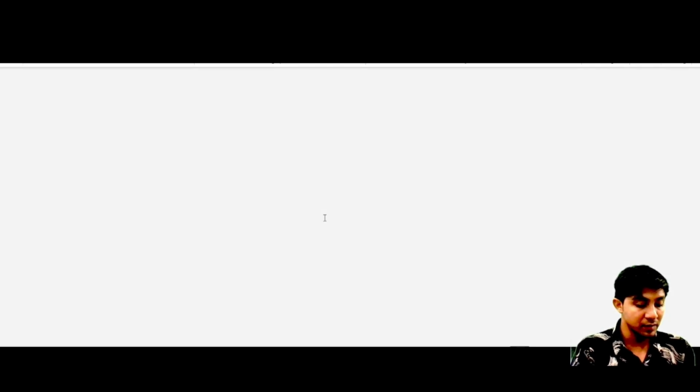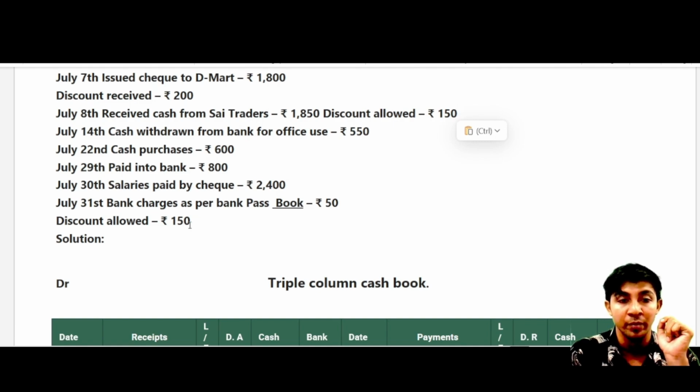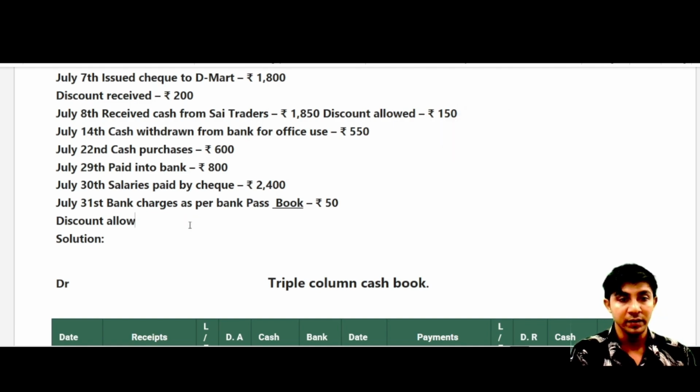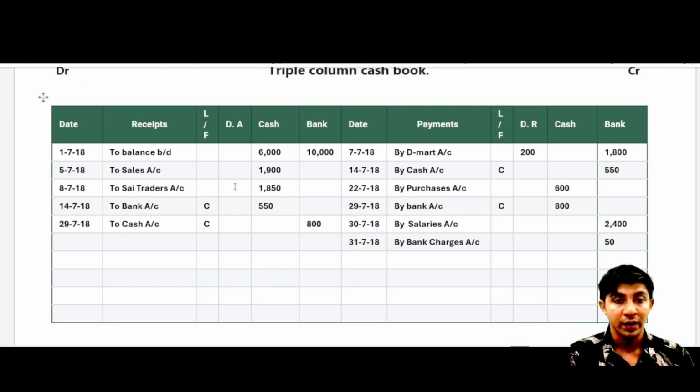That is discount allowed 150 from site traders. वो इधर आने का इधर आ गया due to some error. So we'll eliminate this and simply everything is same, but in the discount allowed section we need to write 150 here beside site traders. 150. Everything is done. Now we will do the total of both the sides.